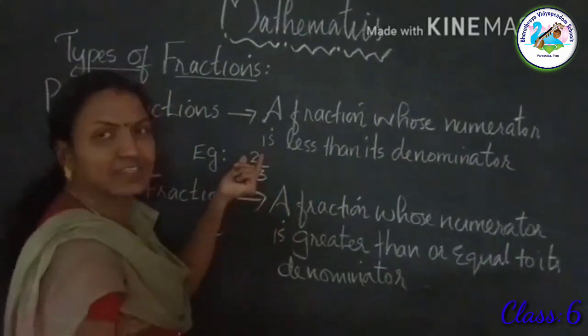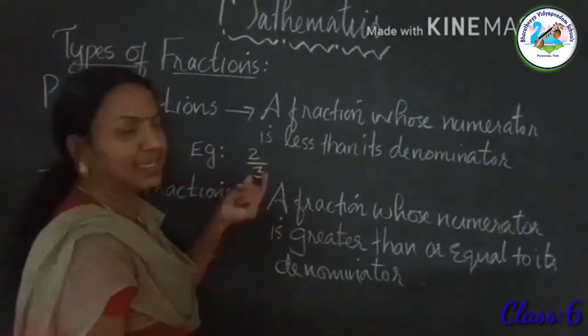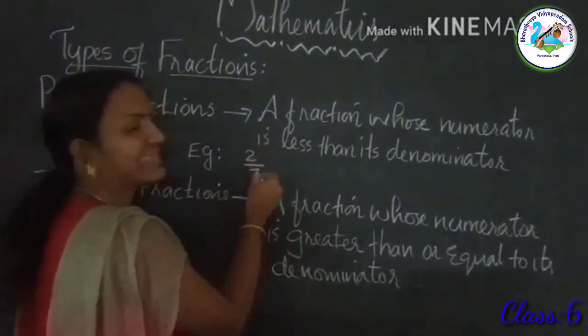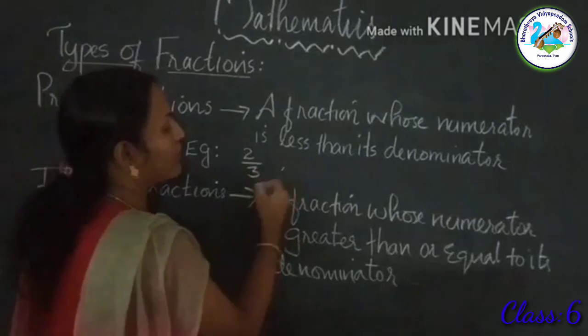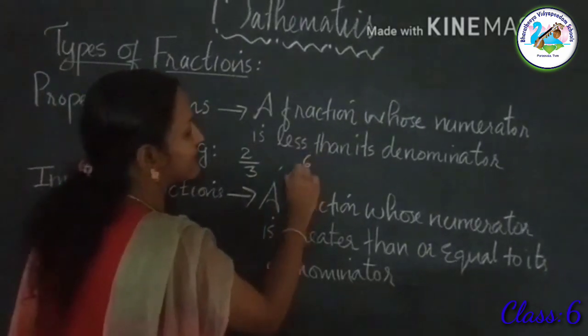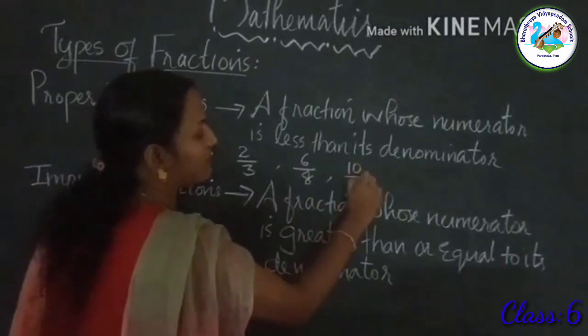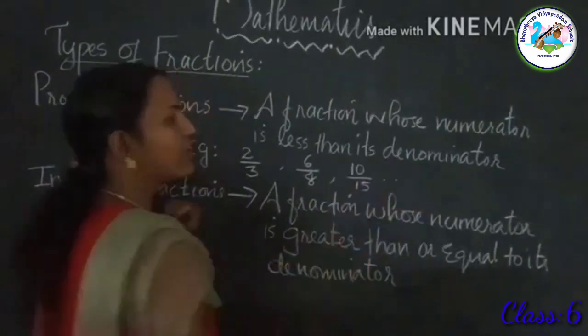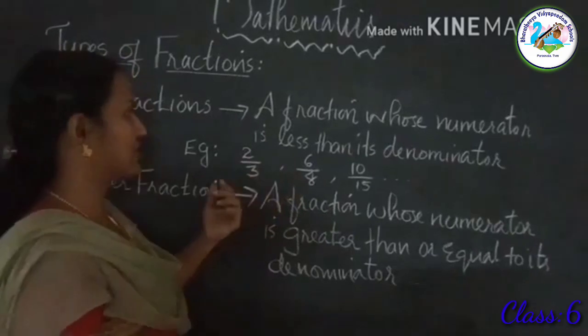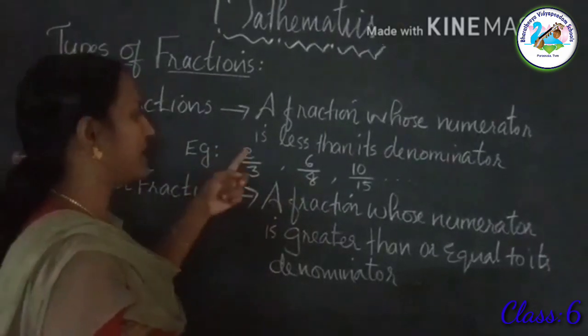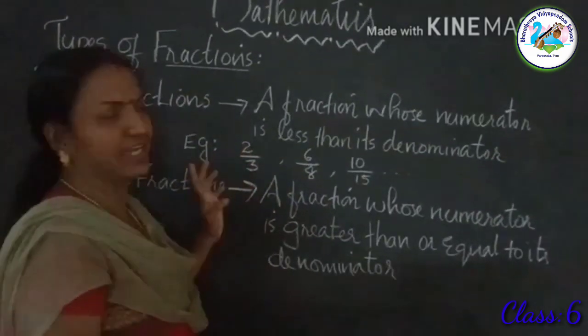Here the numerator is 2 and the denominator is 3. Here the numerator 2 is less than 3. One more example, 6 by 8. One more, 10 by 15. These are the examples of proper fractions.